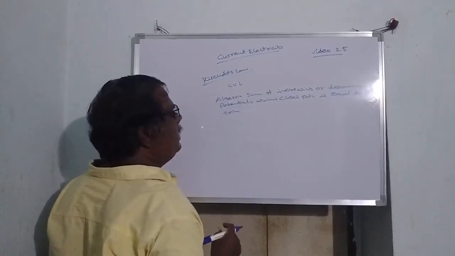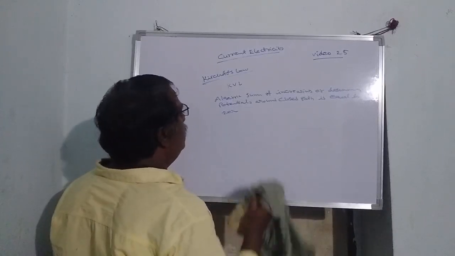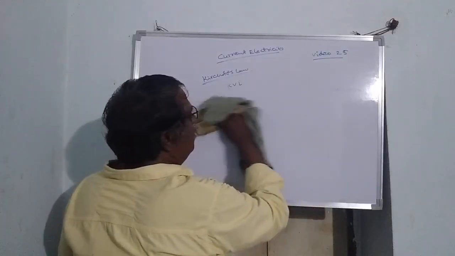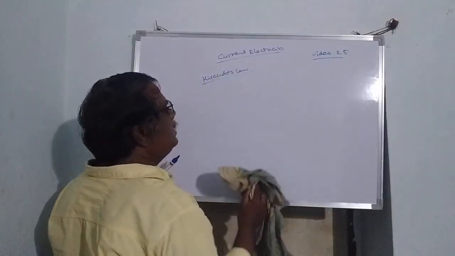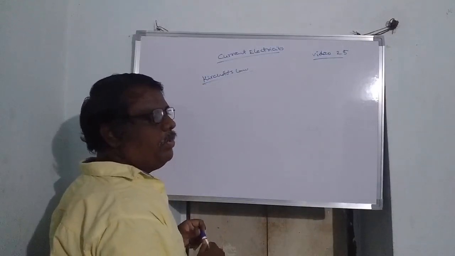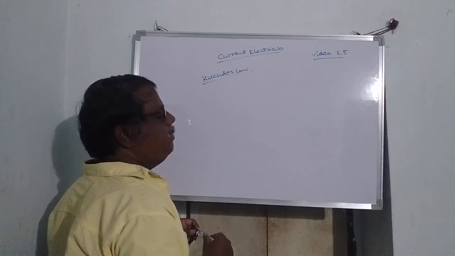The algebraic sum of increasing or decreasing potentials around any closed path is equal to 0. This is about Kirchhoff's voltage law or loop law. So by using these two laws, Kirchhoff's laws, we can find out the Wheatstone bridge equation, R1 by R2 equal to R3 by R4.